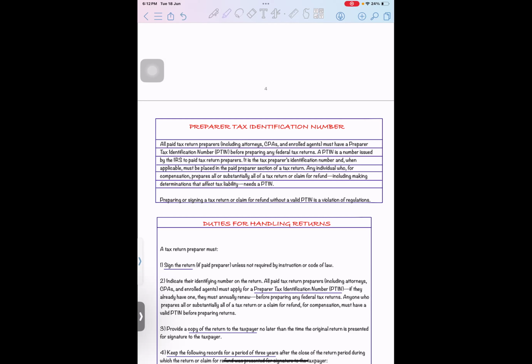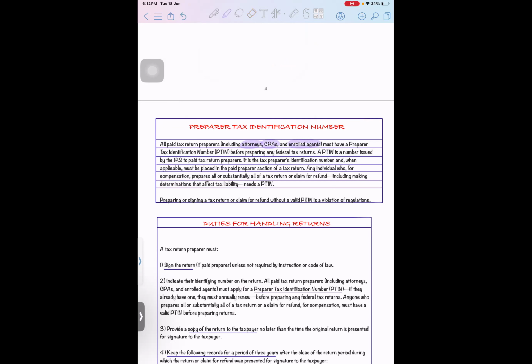You should be having a Preparer Tax Identification Number, including any attorney, CPA, enrolled agent. Everyone should have this PTIN number, because when you are going to file a 1040 return or an S Corp return, C Corp return, any return, whether at a state level or a federal level, you have to include the PTIN number if you are a paid preparer.